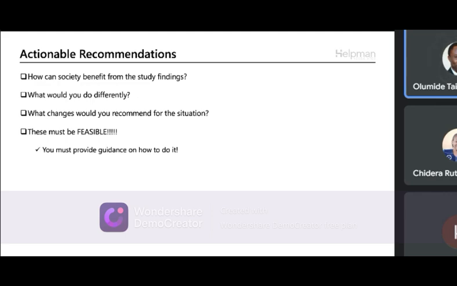For example, 2 years ago, in 2022, we did a study on the digital economy among the youth, ages 18 to 35. The methodology was quite robust. The survey was nationwide.